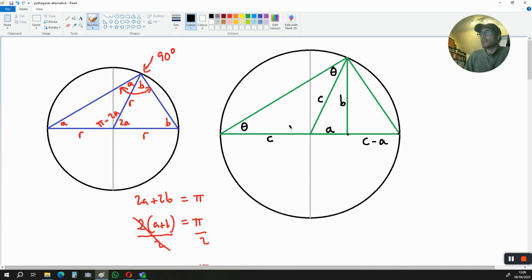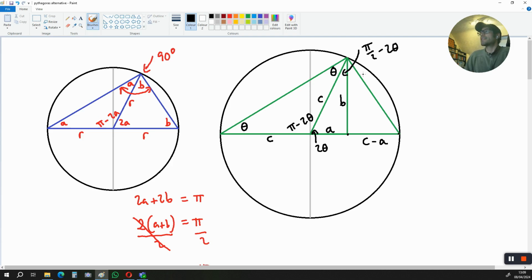That means that this angle over here is going to be pi minus 2 theta. So this angle over here has to be 2 theta. This angle up here has to be pi over 2, that's 90 degrees, minus 2 theta.